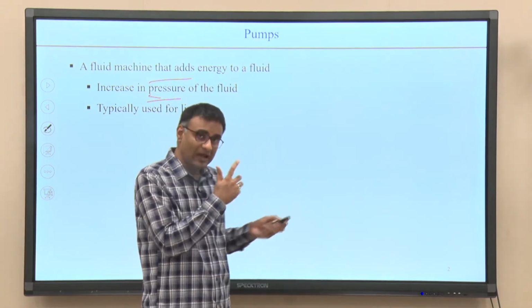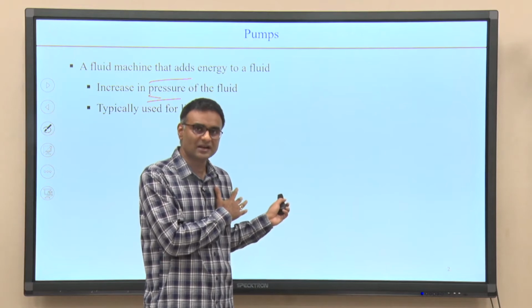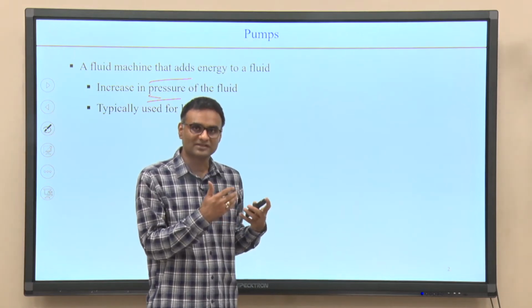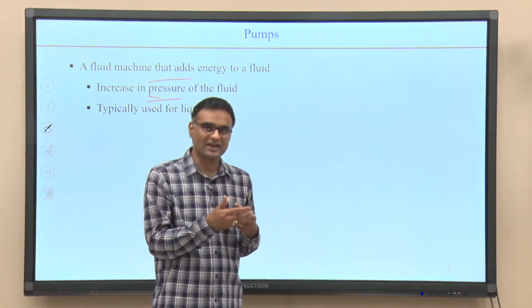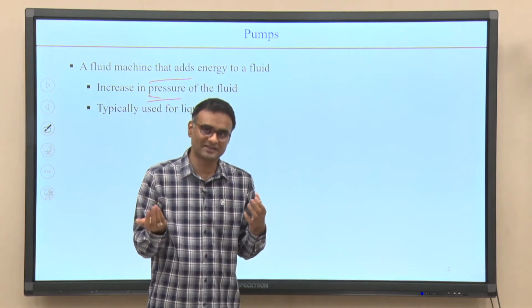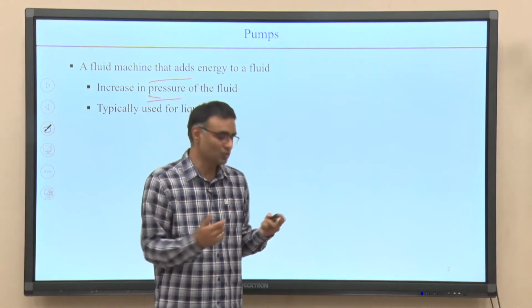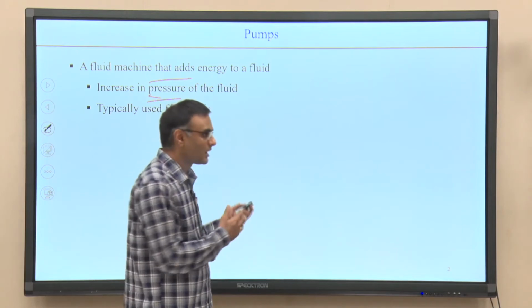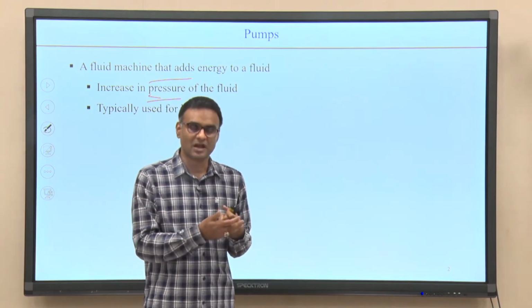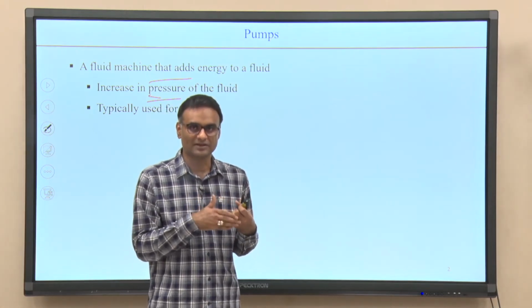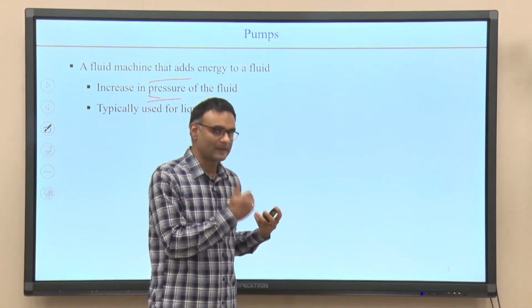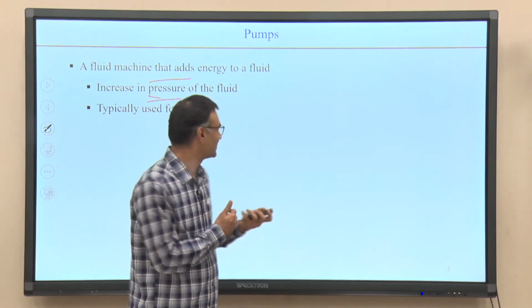Some of the calculations that we discuss here are also valid for gases. NPSH is specific to liquids only, but the pump head calculation and the useful work calculation are valid for gases, that is, fans, blowers, compressors, etc.